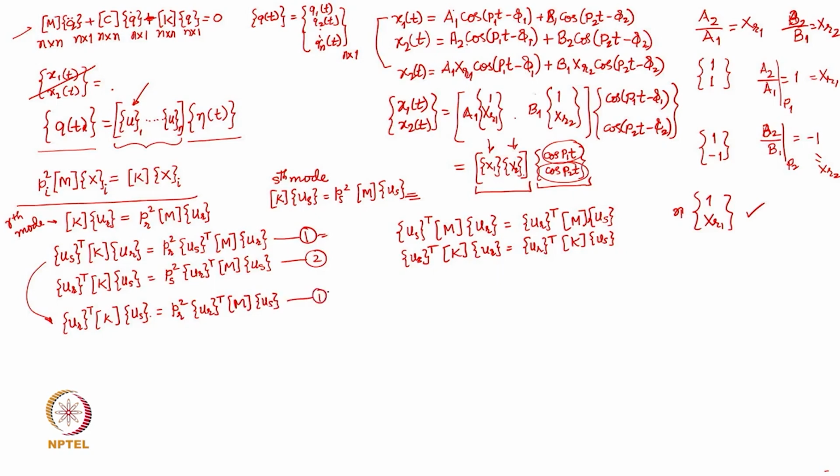So, this is one, or maybe I will write this as equation number 3, which I get by substituting this relationship in equation number 1. Now, I will subtract 3 from 2.